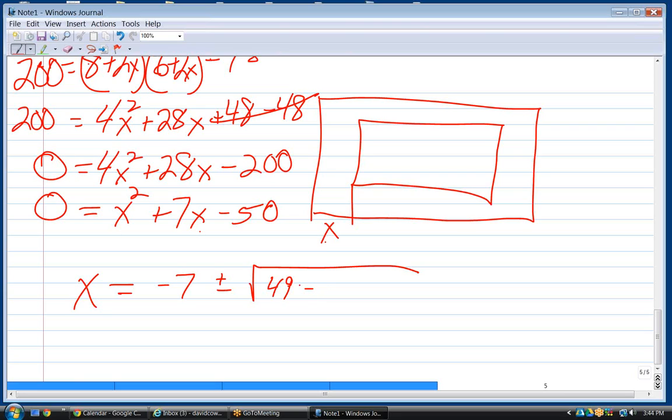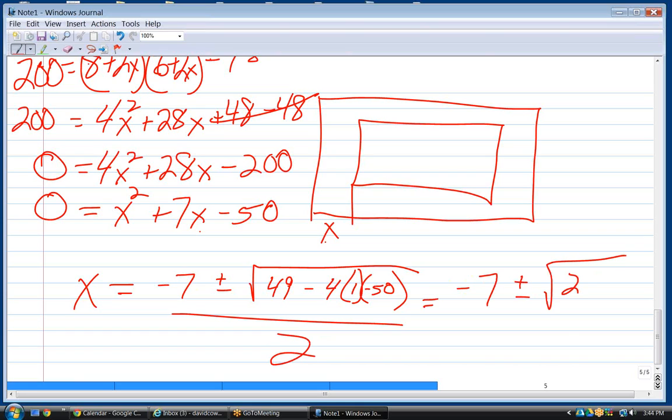Okay, you got to be careful that you don't get the sign wrong here. It's b squared minus 4ac. Oh, plus 200. So 249.